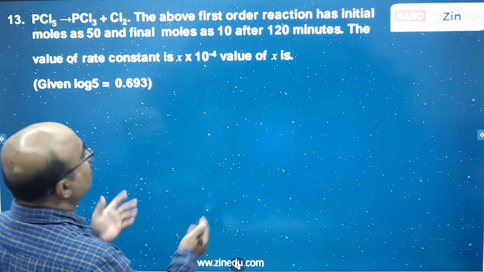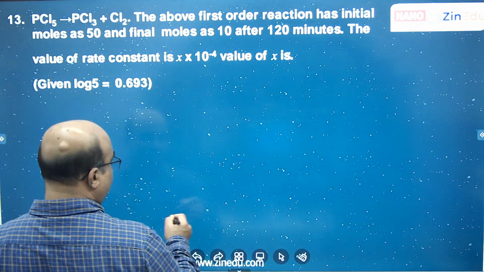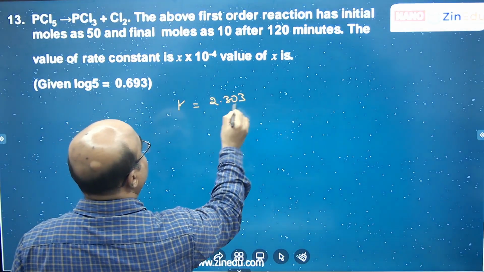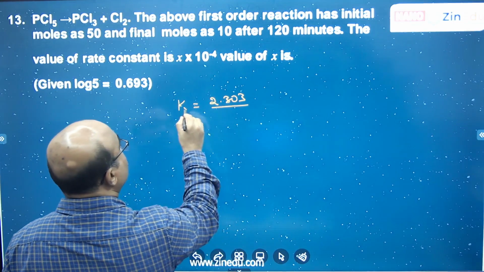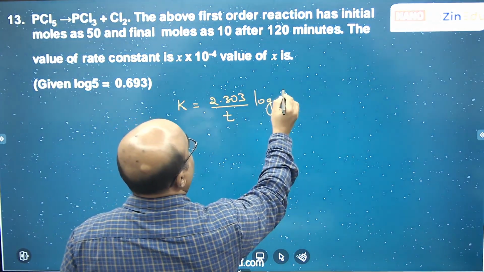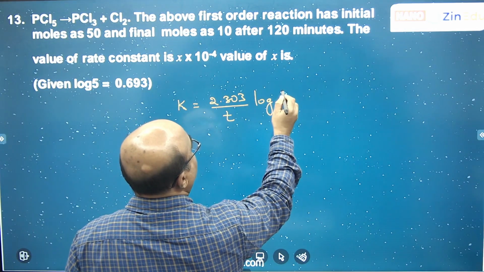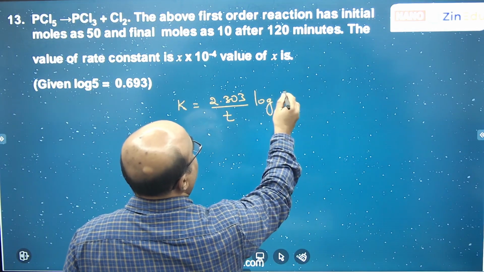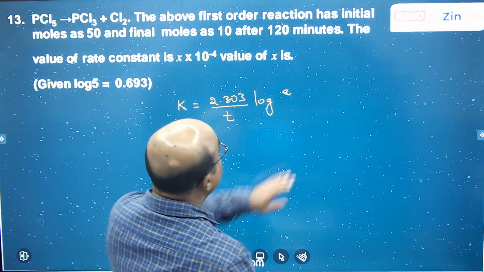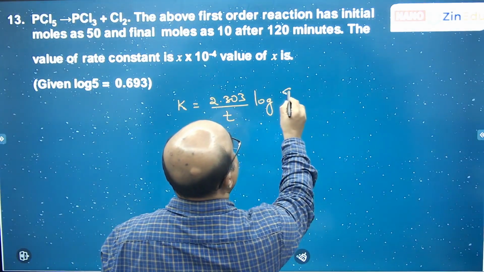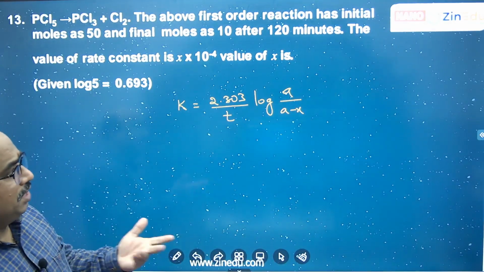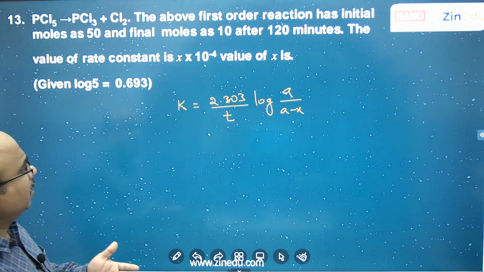So if it is a first order reaction, the rate constant k can be given as 2.303 by t log a naught by a minus x, or n naught by nt. There are so many different ways of operating.